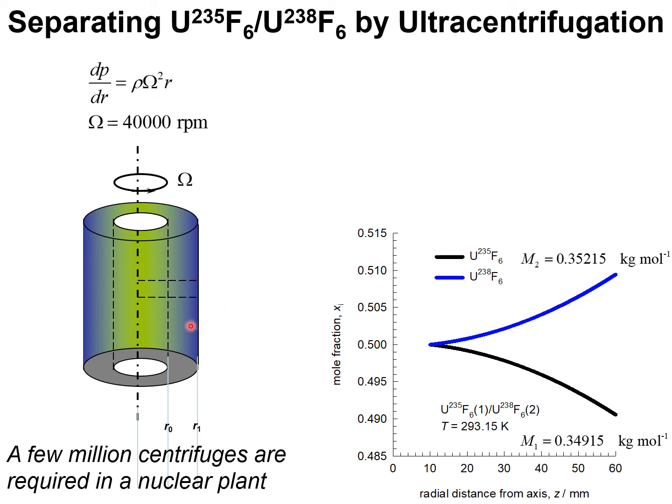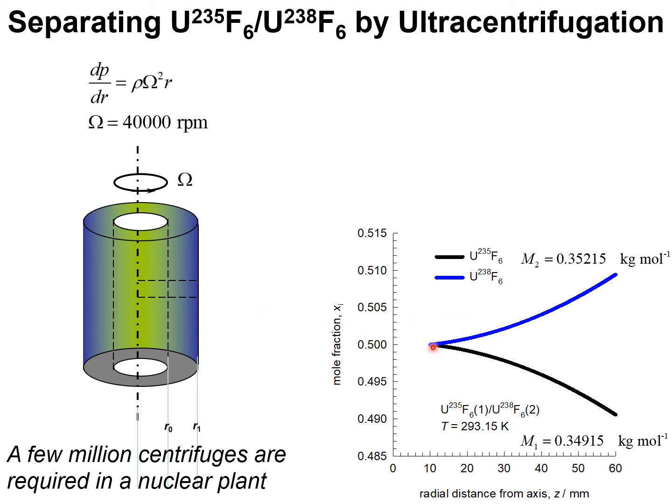The application of pressure gradient tends to have the effect of moving the heavier isotope towards the periphery.